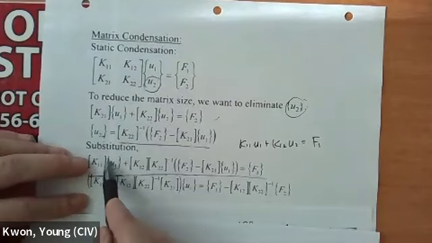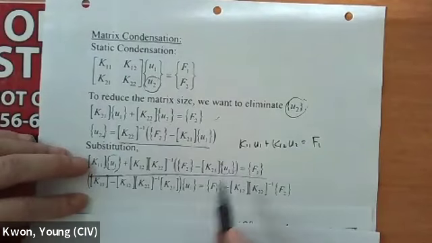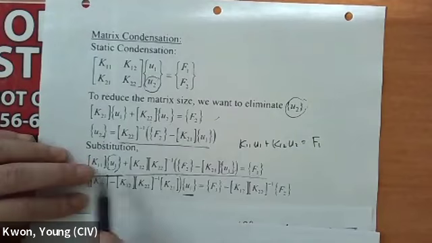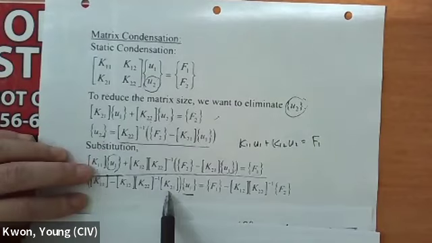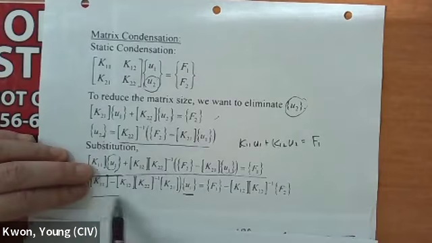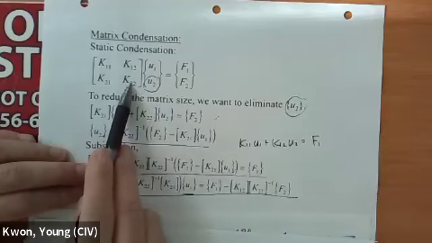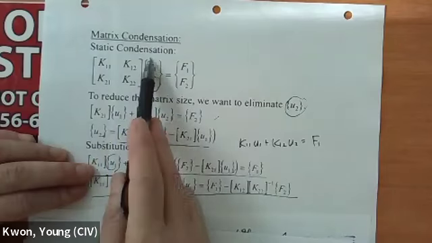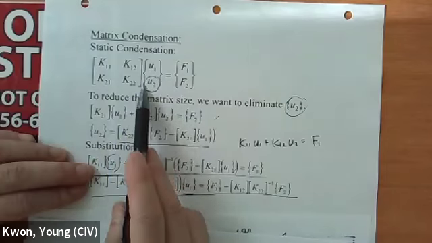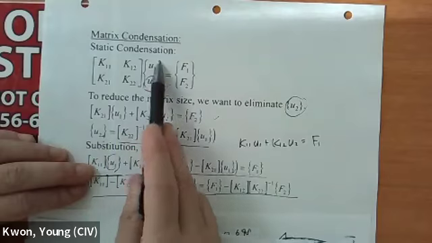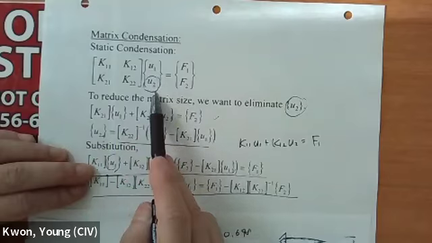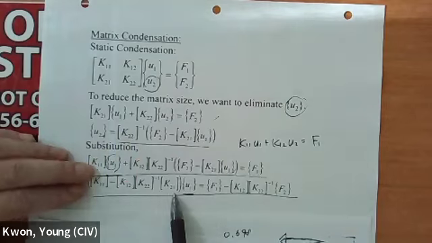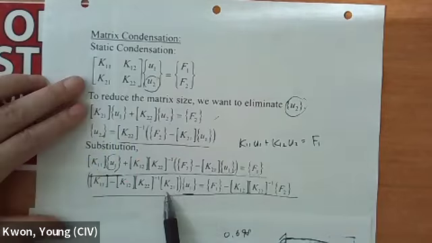Now you rearrange the terms so the terms associated with U1 are put together, and the rest goes to the right side. Now your matrix becomes smaller compared to the original size. For example, if there are 100 unknowns, and U1 is 50 and U2 is 50, then instead of a 100 by 100 matrix, it becomes a 50 by 50 matrix.